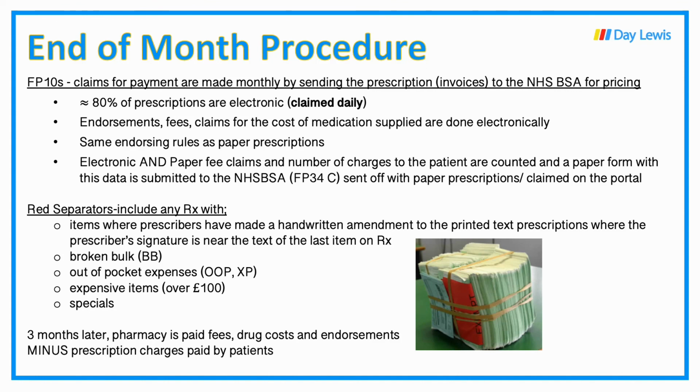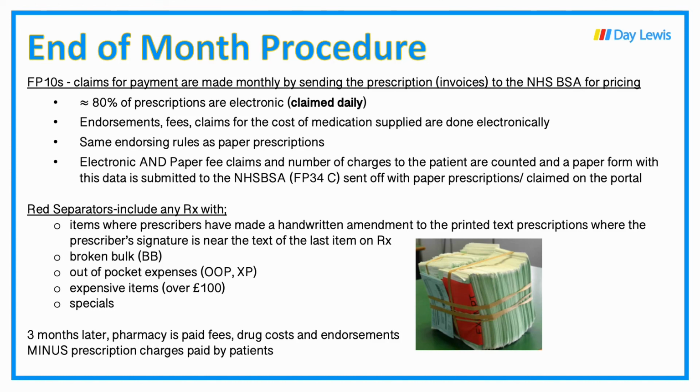Often you will have FP10 prescriptions that are handwritten, or whereby the prescriber's signature is covering any of the text, or the prescription itself might be a bit difficult to read. Because normally prescriptions would go through a supercomputer scanner, these items can be checked individually by a person to ensure that they are reimbursed correctly.